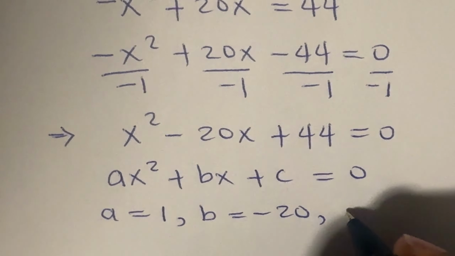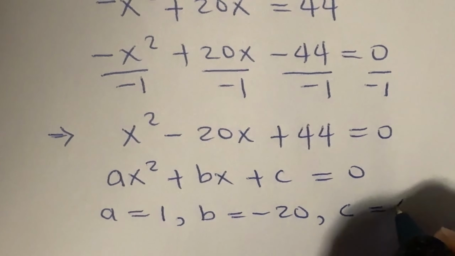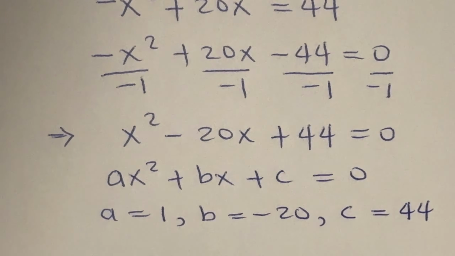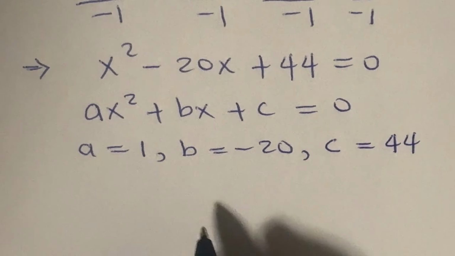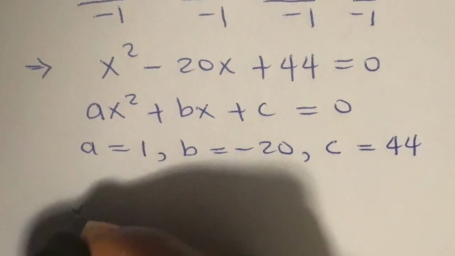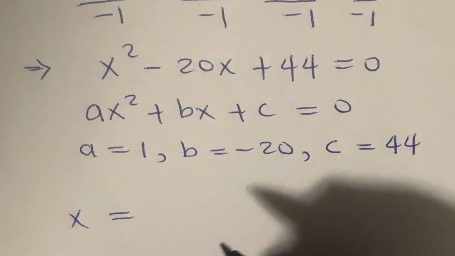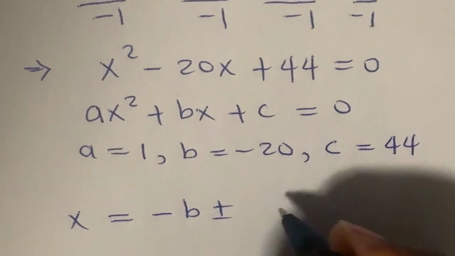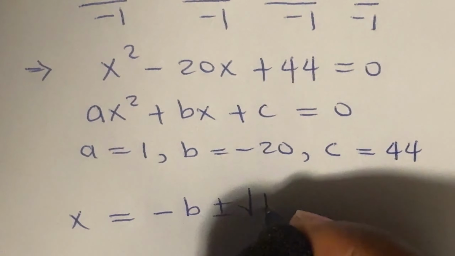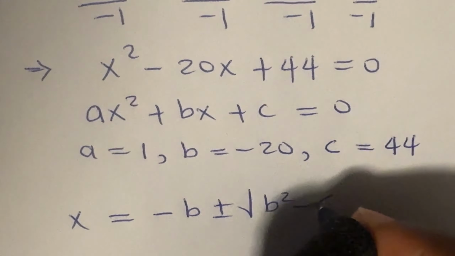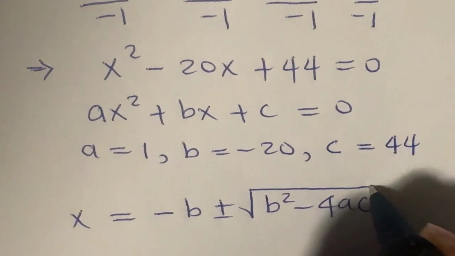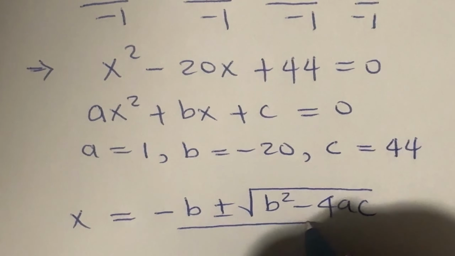And the constant term c is 44. So you find x using the general quadratic formula, which is minus b plus or minus the square root of b squared minus 4ac all over 2a.